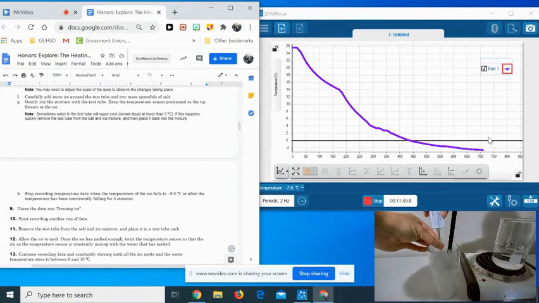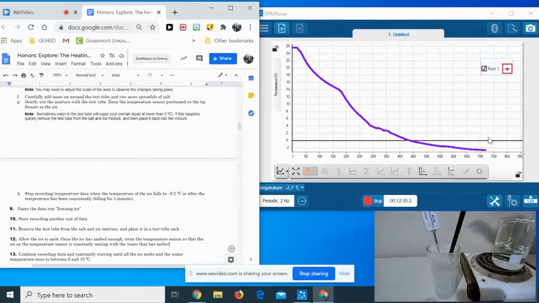I'm going to see if I can move my thermometer around a little bit, okay? But it really feels like it's starting to freeze in there. So I definitely have frozen pieces in there.